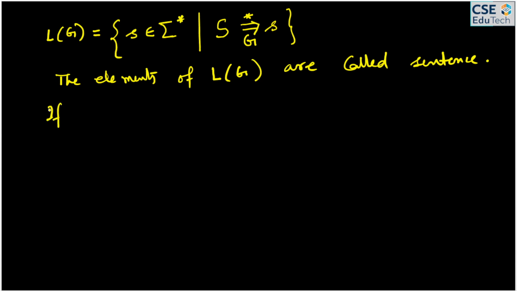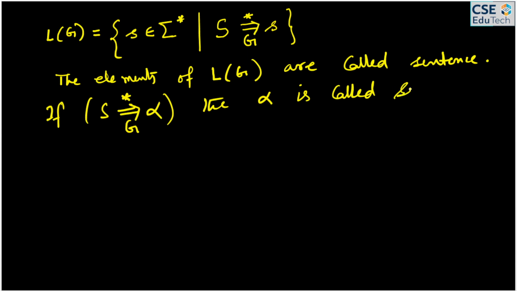Now if S derives alpha by any number of substitutions by the grammar G, the alpha is called a sentential form. Note, the elements of L(G) are also sentential forms, but not vice versa. Clear? The elements of L(G) are also sentential forms, but a sentential form is not necessarily a sentence.